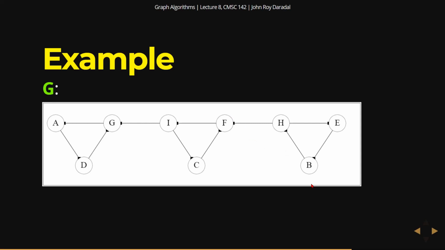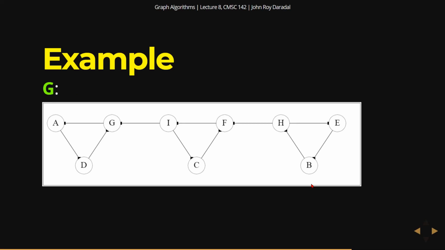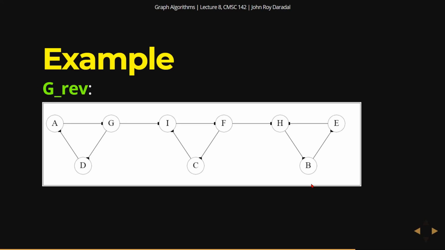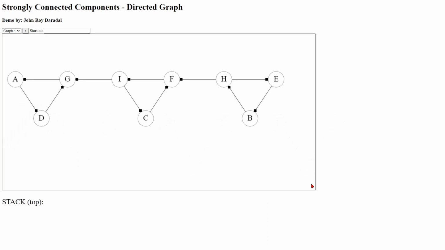So if this is our graph, the graph reversed would look something like this. Okay, so again, from here, it becomes reversed. So all of the edges have reversed directions. Okay, so if this is our graph, we will reverse all of the edges, and then we'll run DFS here.